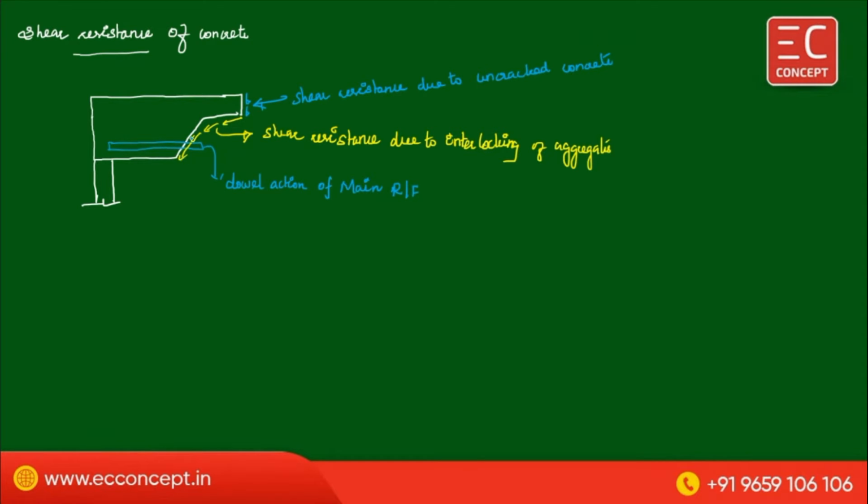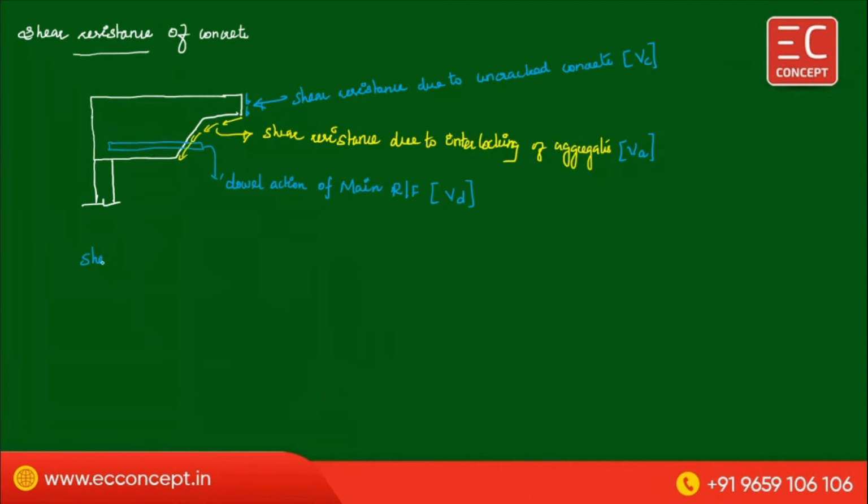So this is the cracked portion, this is the uncracked portion. I'm saying this is the dowel action. Therefore, this quantity is denoted by VC, shear resistance by the uncracked portion, and this quantity is represented by VA, that is shear resistance due to interlocking of aggregate, and the last one is VD because of the dowel action.